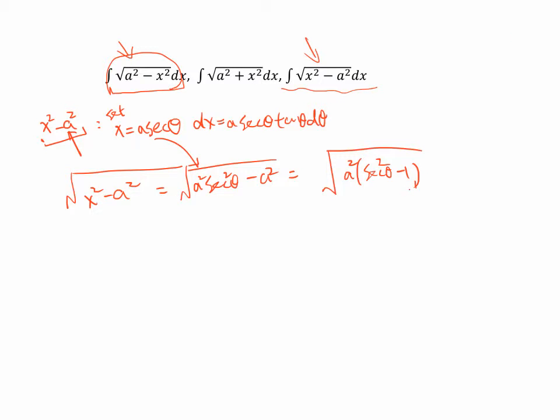This part is tangent squared, so it is a squared tangent squared theta, which is a tangent theta. Again, we want to fix everything to be positive, so there is no negative situation here, and I can get rid of the square root directly. So here is how we set up the substitution and then how we plug it in.